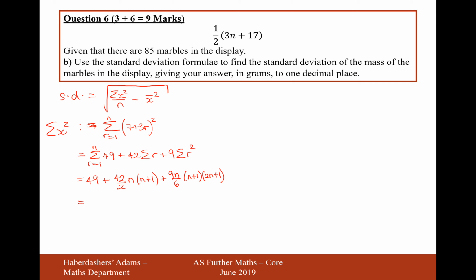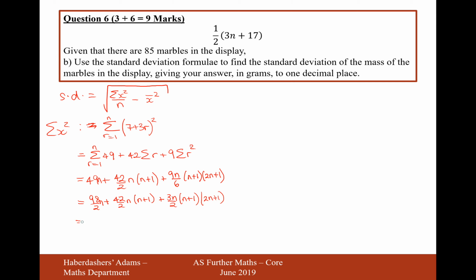I think if we make it a factor of 2 on the bottom, so it's going to be 98n over 2 plus 42 over 2, n plus 1, plus 3n over 2, n plus 1, 2n plus 1.